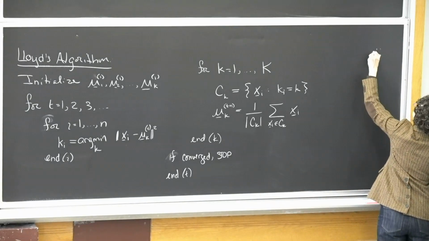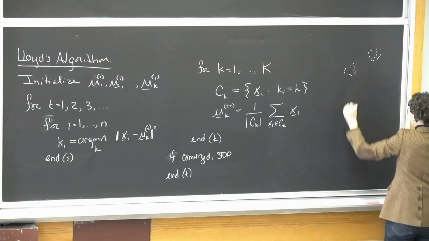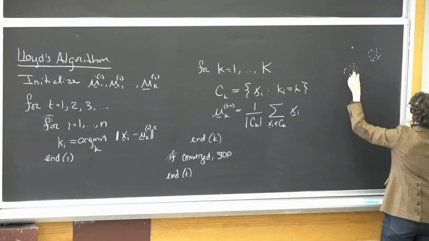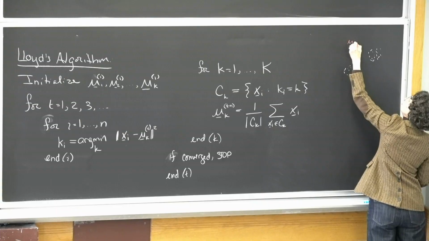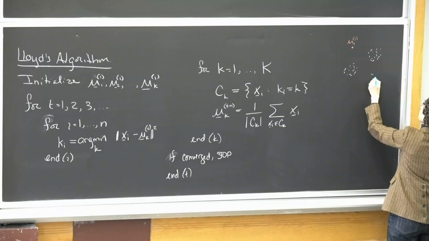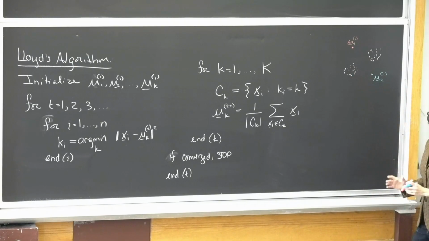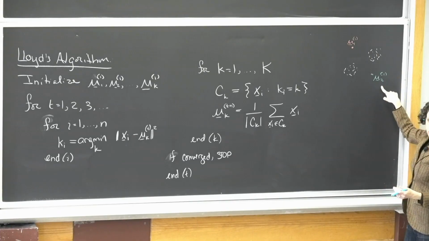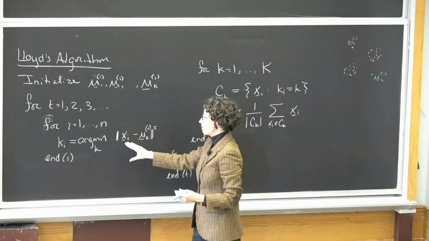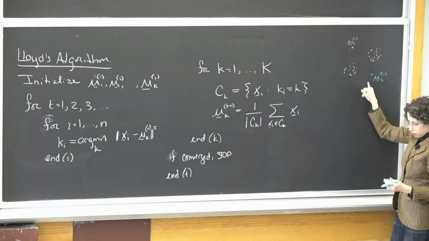But we start with a collection of points here. And then we're going to have two different guesses of what those means might be. So this would be mu1 for the first iteration, and then I've got mu2 for the first iteration. So now, once I've got these initial sets of means, what I'm doing in this first loop over i is I'm saying for each sample, is it closer to the red point or the blue point?